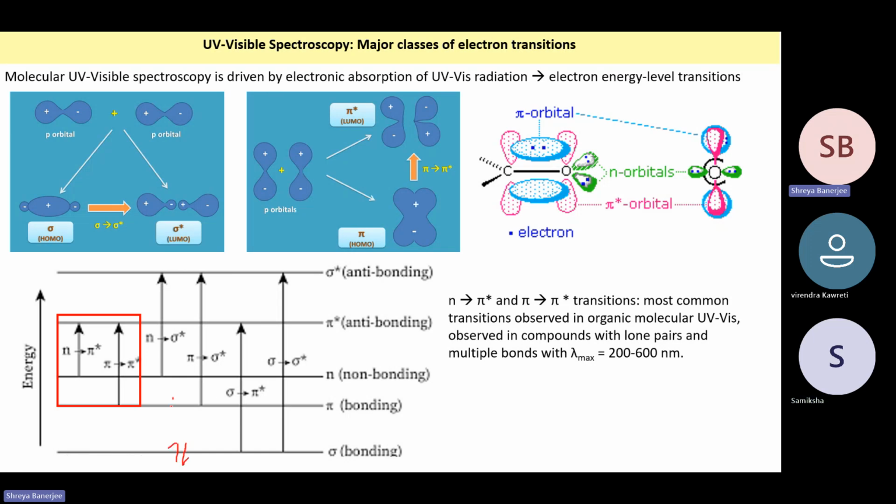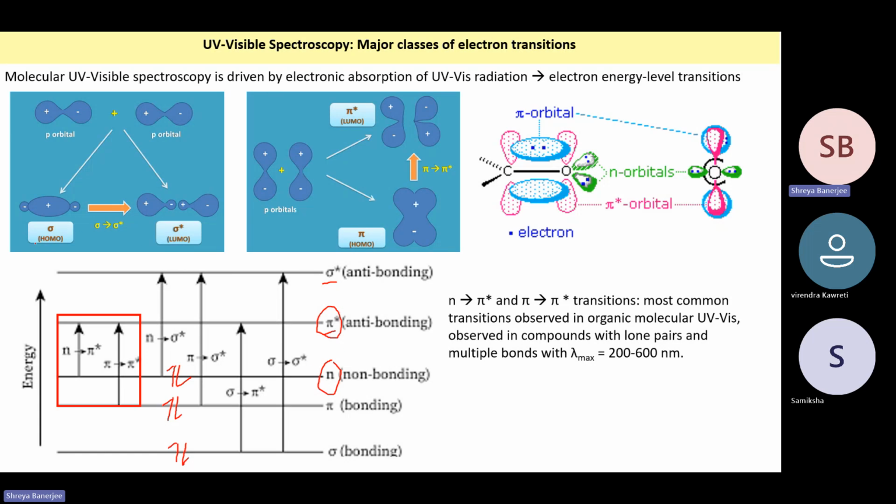In a pi bond, two electrons will occupy the pi orbital. And non-bonding, you have, say, two electrons here. So these two levels are empty. In this particular molecule, this is your HOMO, which stands for highest occupied molecular orbital, and this is your LUMO, which is the lowest unoccupied molecular orbital.